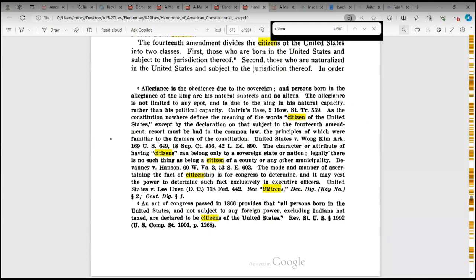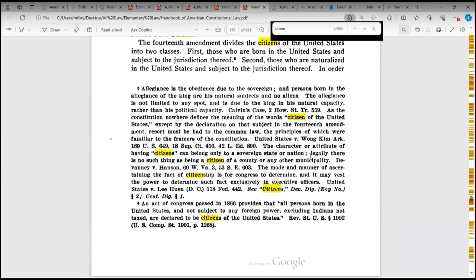The character or attribute of having citizens can belong only to a sovereign state or nation. Legally, there is no such thing as being a citizen of a country or any other municipality. Let's read that right there again. Legally, there is no such thing as being a citizen of a country or any other municipality.